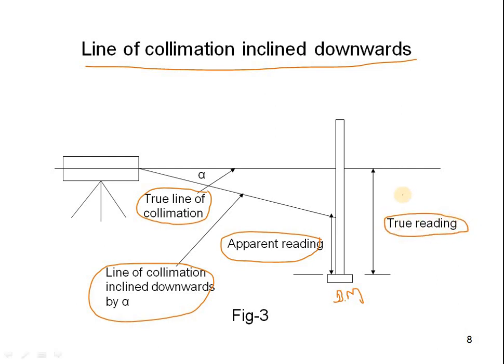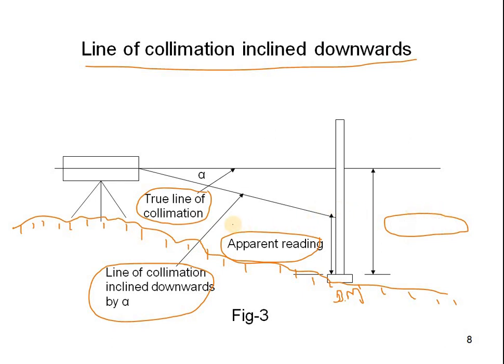So this is the important thing, the difference between the line of collimation inclined upwards and downwards. When it goes downwards, the staff at the down portion, I will draw the diagram. When the ground portion is at a down level like this, so this is the ground level. When the ground level is in the downward portion, we will get this true reading as well as the apparent reading.